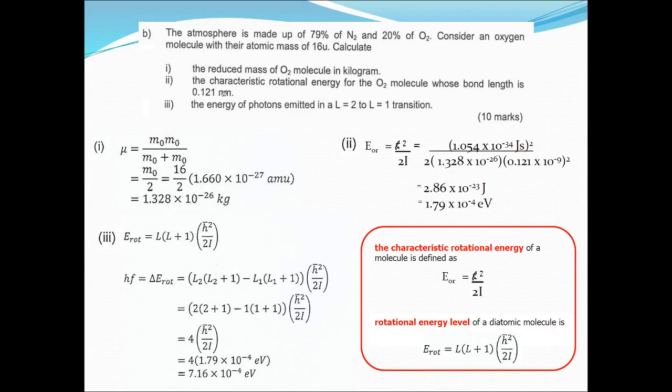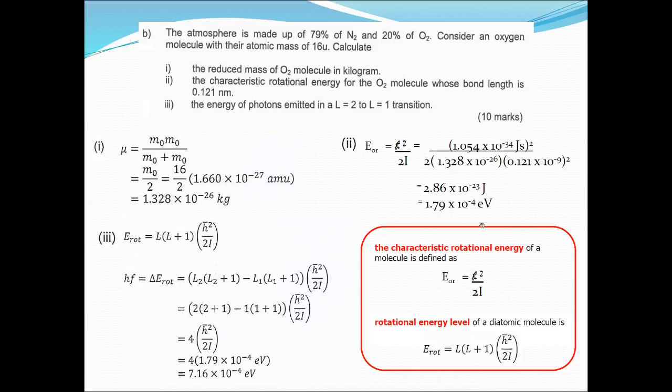And then the second one is the characteristic rotational energy for the oxygen molecule. Again, the oxygen molecule whose bond length is 0.121 nanometer. Here are some tips. You have to be careful on these terms: the characteristic rotational energy.